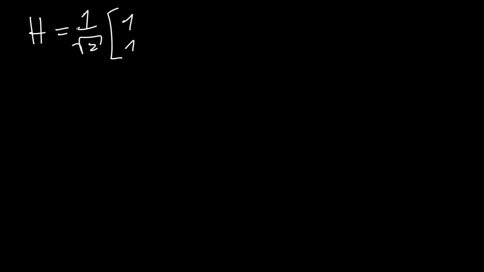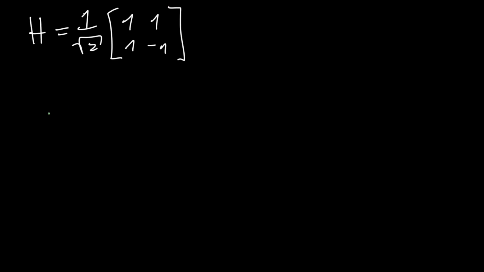So we have a Hadamard gate, which is like this, turning 0 into 1 divided by square root of 2, and 1 is becoming 1 minus 1 with square root of 2.